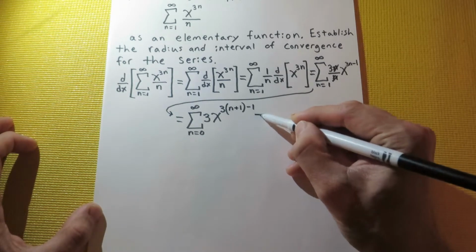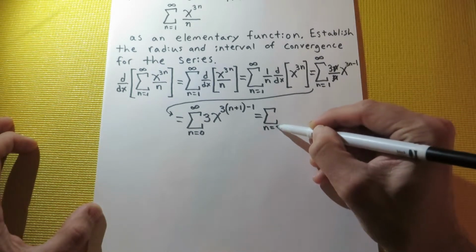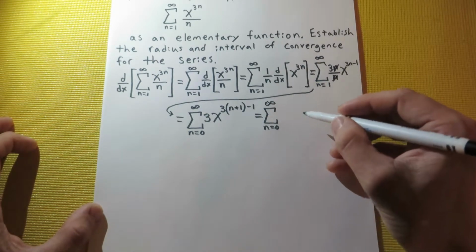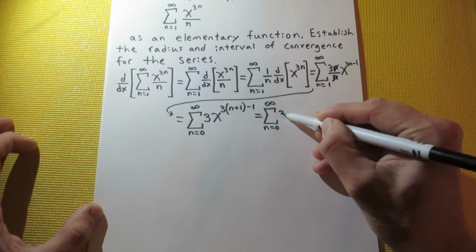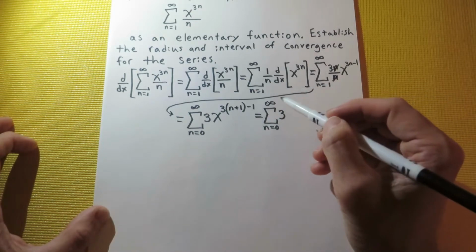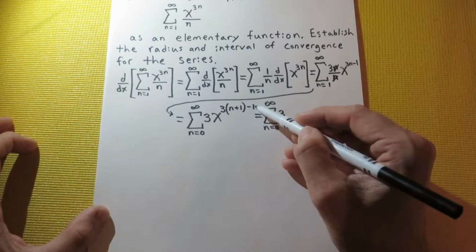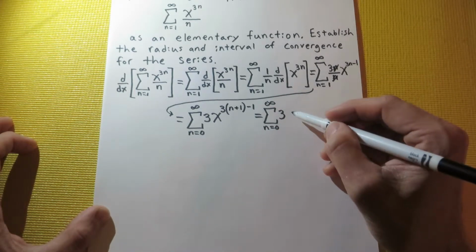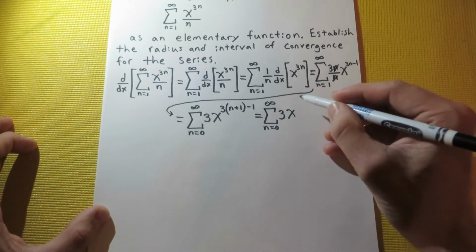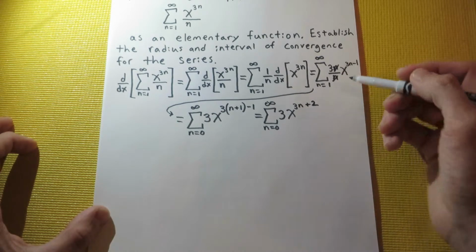And this is going to equal the sum from n equals 0 to infinity of 3. Here we have 3 times n, which is going to give us 3n. 3 times 1 is 3, minus 1 is just positive 2. So that's going to be 3 times x to the 3n plus 2.